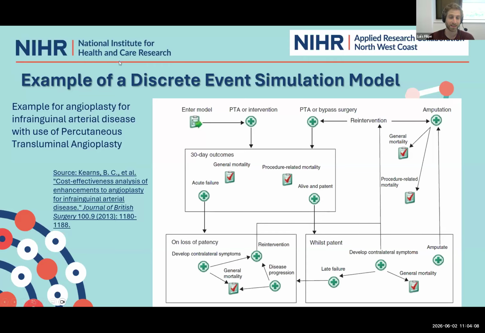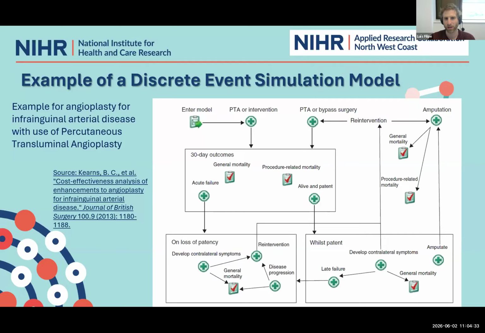So in this case, this is another example from another paper, for angioplasty for infrainguinal arterial disease. You probably know this a lot better than me, most of you, but you have the arteries getting clogged, and you basically need to make the blood go through the arteries.